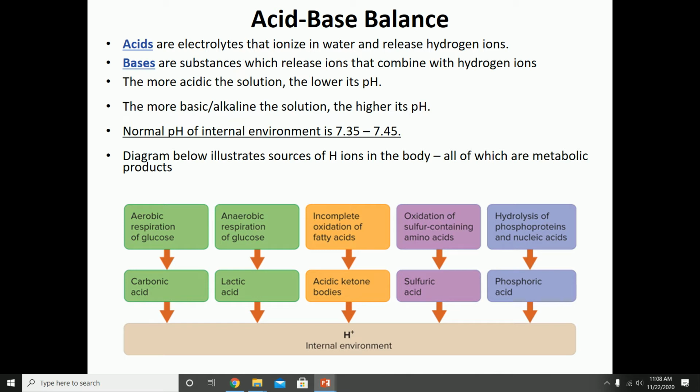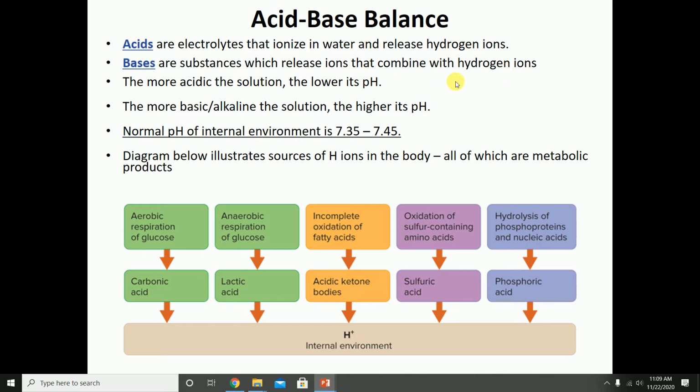Now, first, just going back to chemistry and defining what acids and bases are. An acid is an electrolyte that, when dissolved in water, is going to ionize. It is going to release hydrogen ions, while a base is a substance that is going to release a hydroxyl group, which is the OH group, and that OH group can combine with a hydrogen ion, producing H2O, or a water molecule.